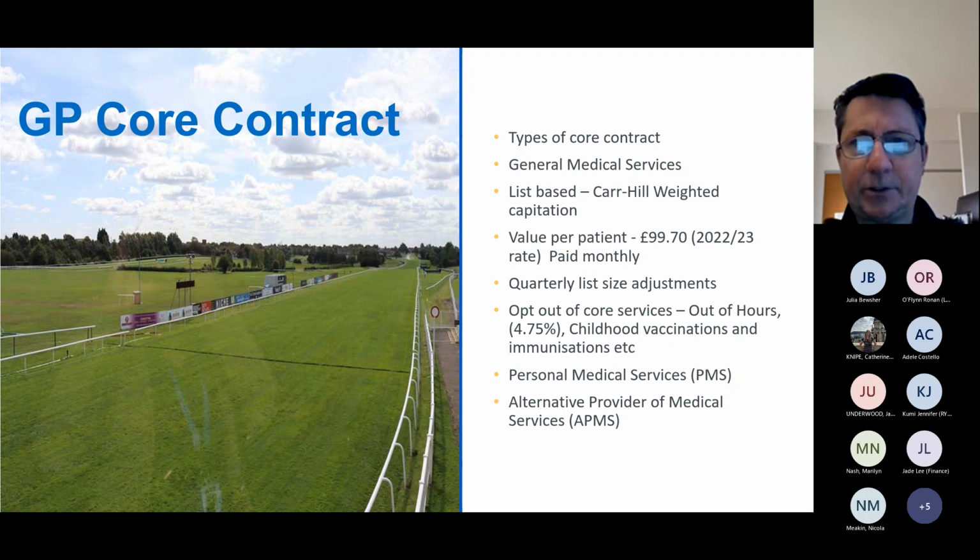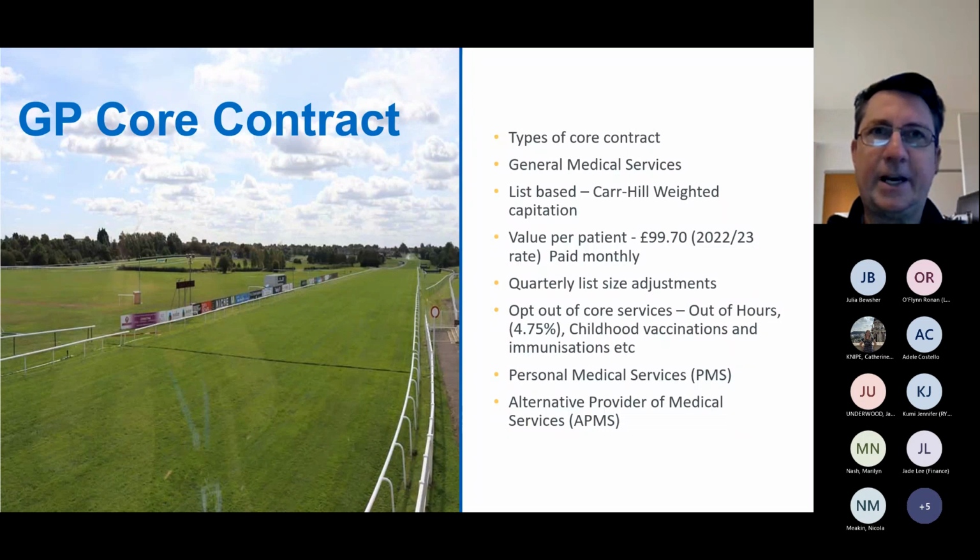There's PMS services, which is a bit like general medical services, but it has extra responsibilities. It has extra contracts and maybe additional payments to nurses or different elements to it that has been agreed with the commissioner over the years. And then there's the alternative provider of medical services, the APMS, which can be a different model altogether. That's something like maybe your Virgin Care or a different type of provider rather than your traditional GP partner model.